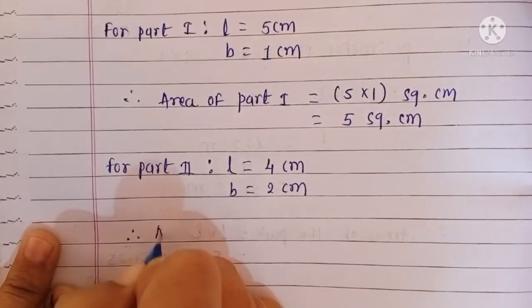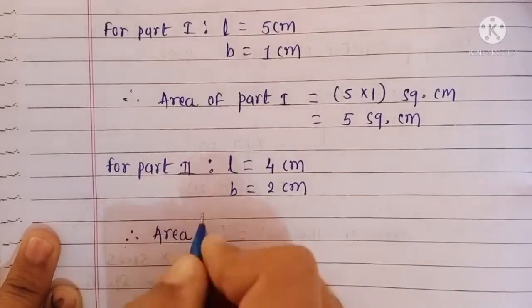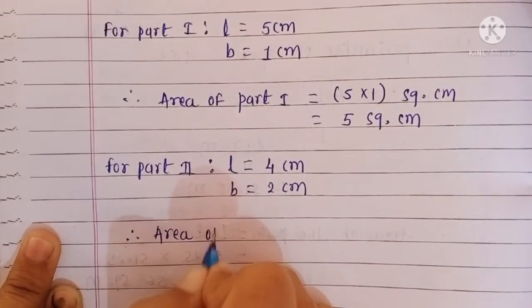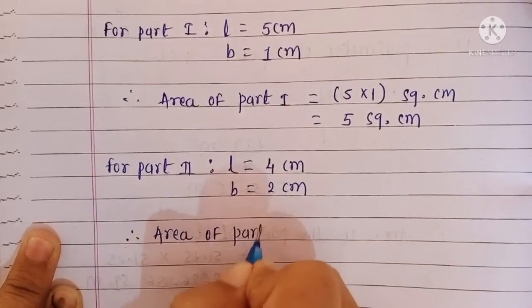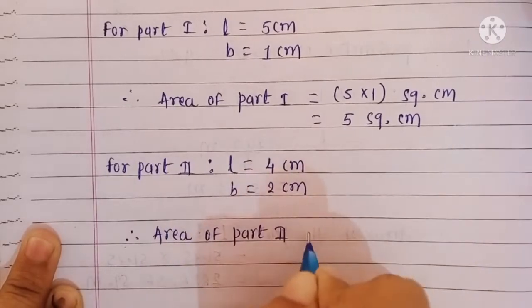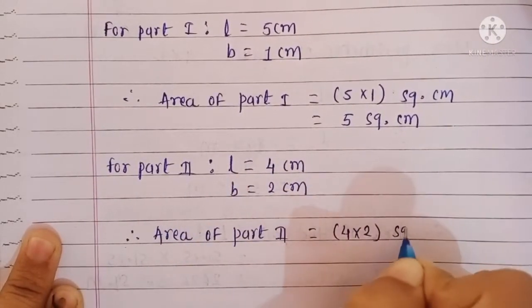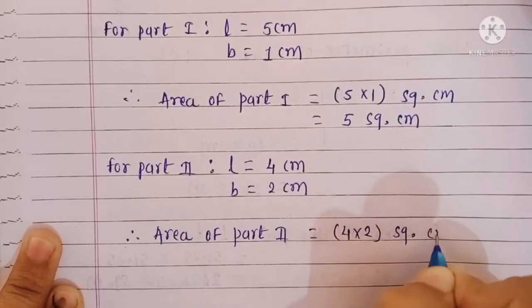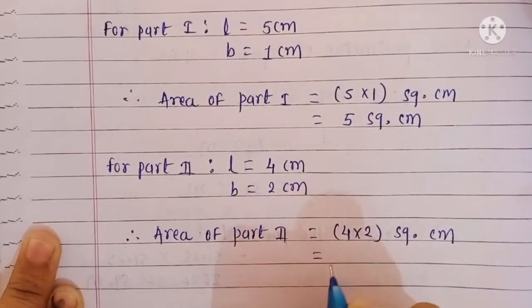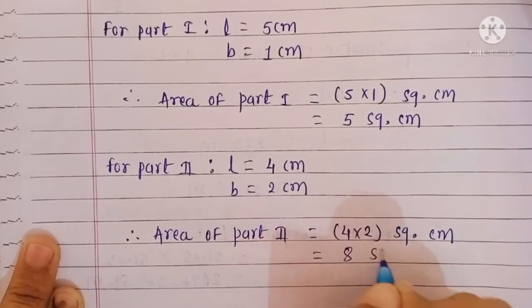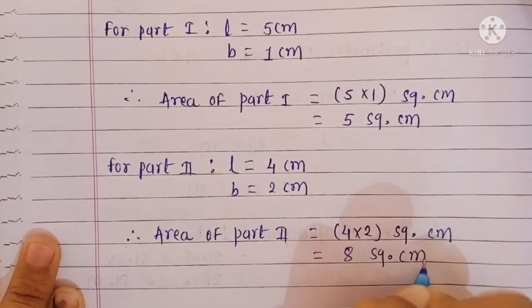Therefore, area of part 2 is equal to 4 multiplied by 2 square centimeter, and we get answer 8 square centimeter.